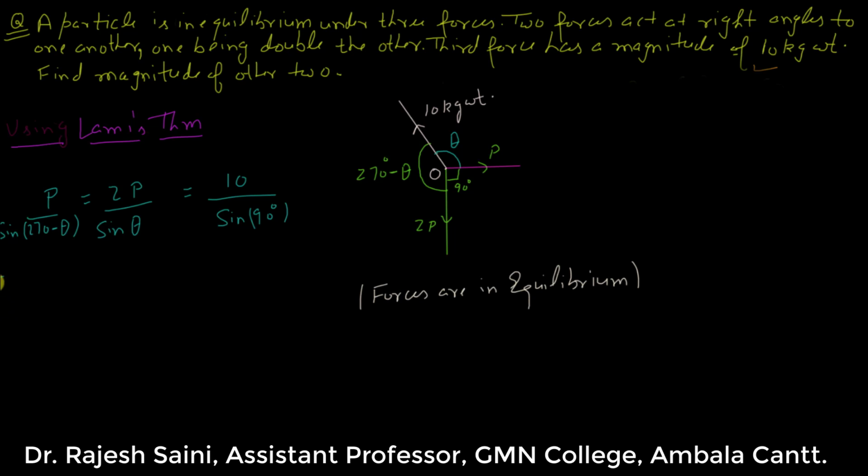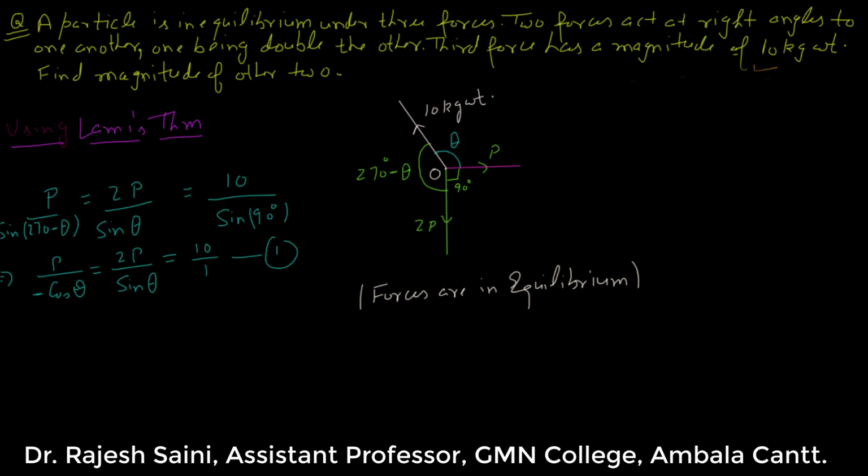So this implies that P divided by minus cos theta equals 2P over sin theta equals 10, and sine 90 you know is nothing but 1. Why minus cos theta? Sine in the third quadrant is negative, and because of 270 degrees over here, sine will convert to cos. So now this equation could be named as equation number 1.